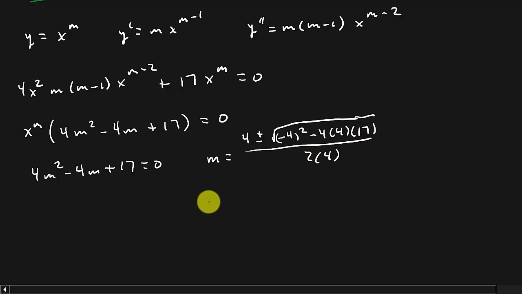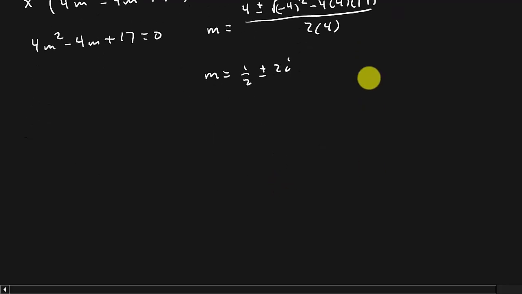And when we do that, we're going to get m is equal to 1/2 plus or minus 2i. Okay, I'm not going to go through simplifying, doing the arithmetic. So when we get this, you can see here alpha is equal to 1/2 and beta is equal to 2.